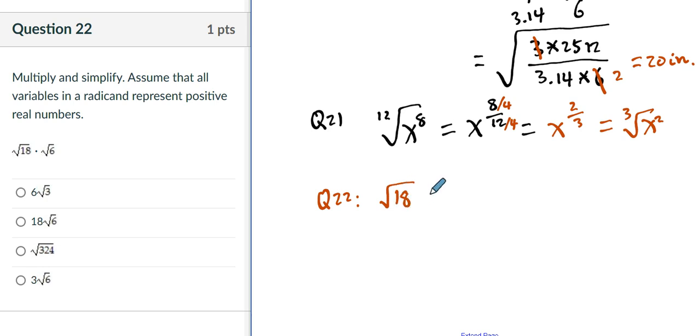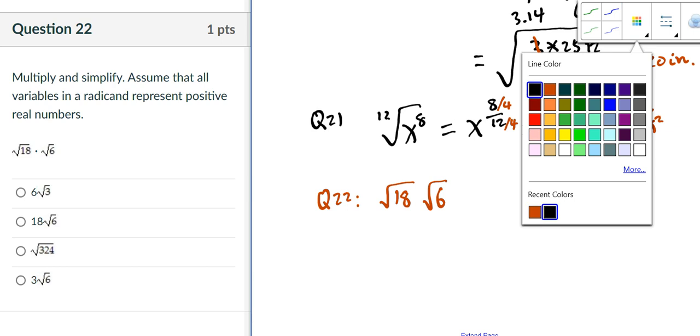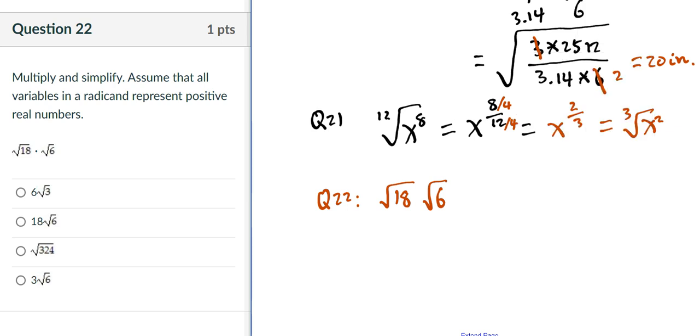Here is radical 18, and here is radical 6. Remember, since here we did not write the index of the radical sign, it means 2. So that means we have radical 18 times 6.